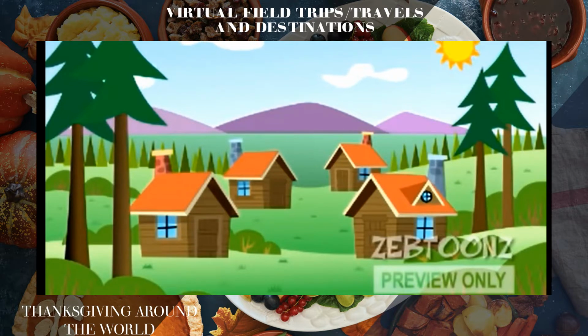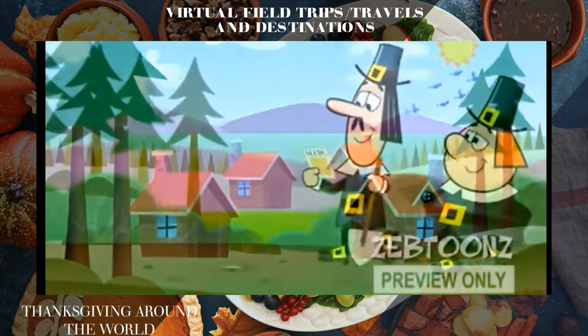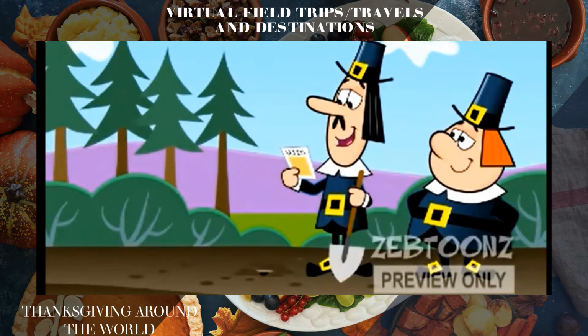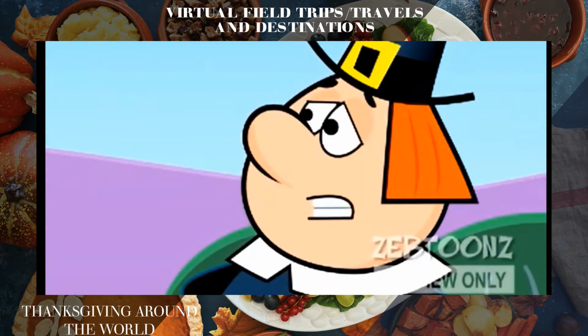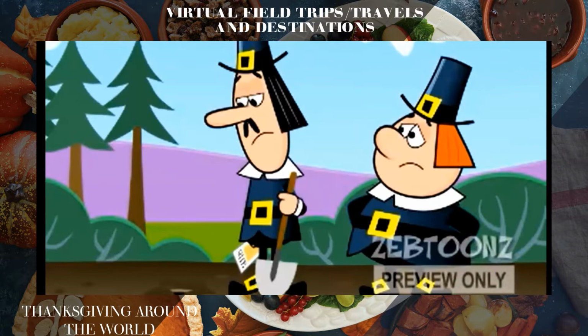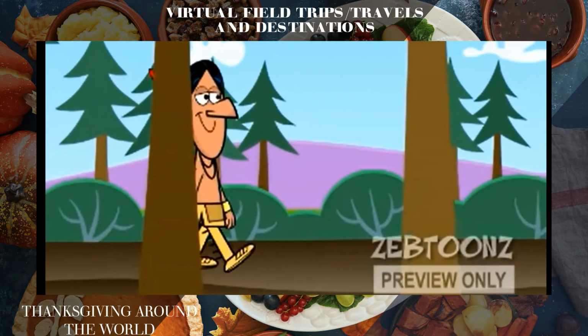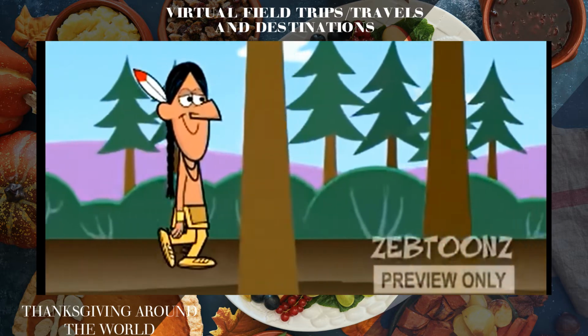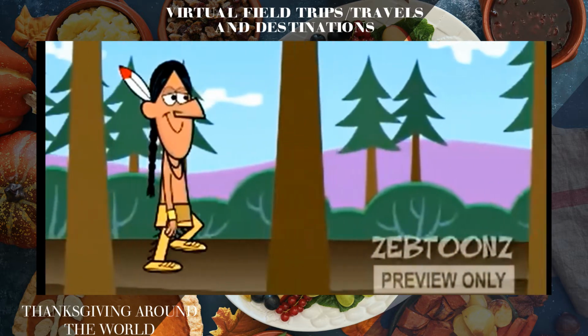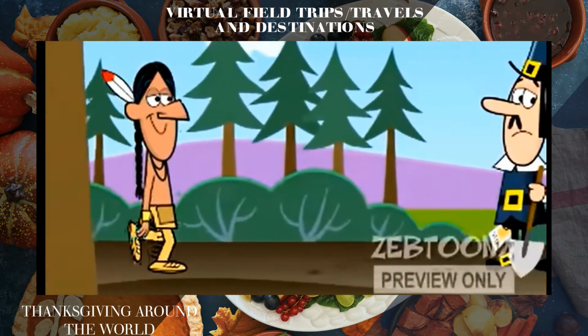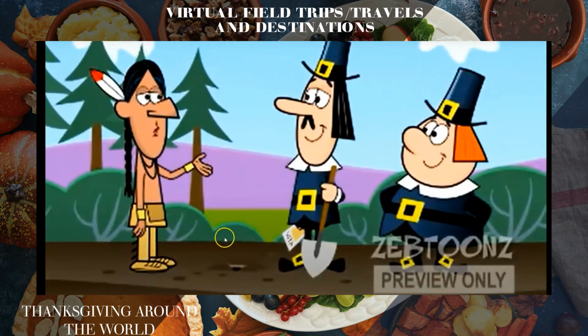The sun was shining, the grass was growing, the birds were singing, and the Pilgrims went out to plant. Number 1, dig hole. Check. Number 2, you don't really know what you're doing, do you? I admit it. I'm not much of a farmer. But God had heard their prayers and sent along one of the locals to help them, an English-speaking Indian by the name of Squanto. Would you like some help?